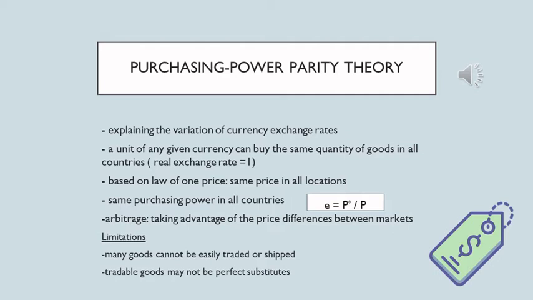Based on the law of one price, the same product is sold at the same price in all locations. The process of taking advantage of differences in price in different markets is called arbitrage. However, there are limitations. Many goods cannot be easily traded or shipped. Tradable goods may not be perfect substitutes.